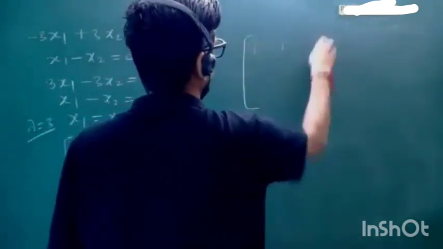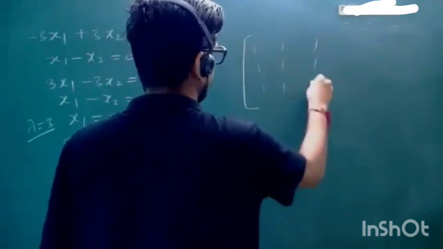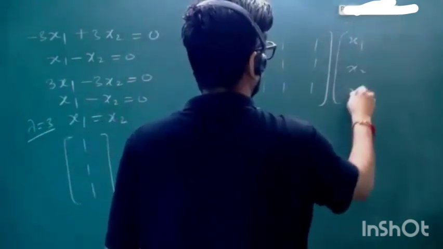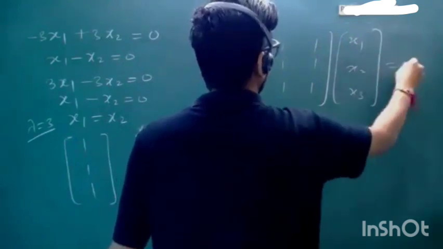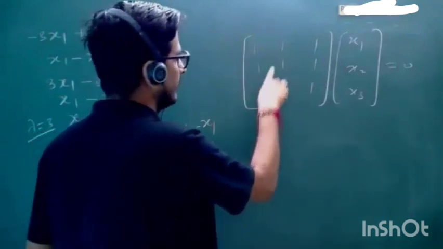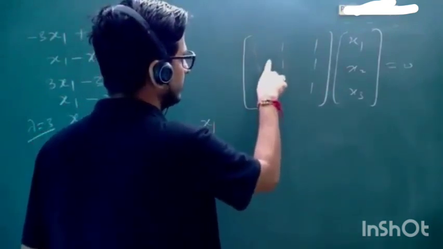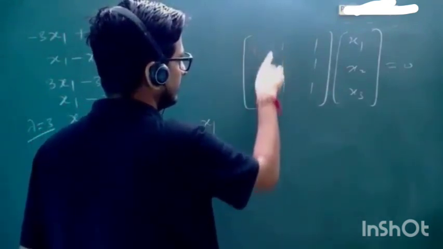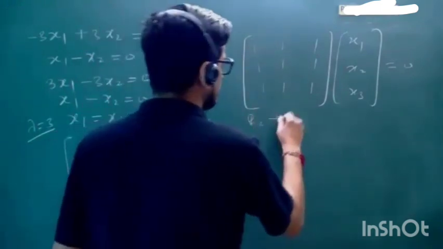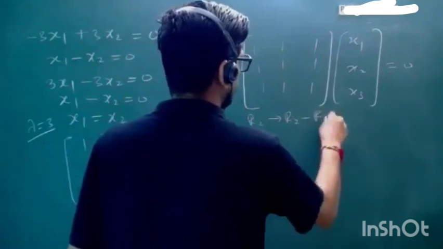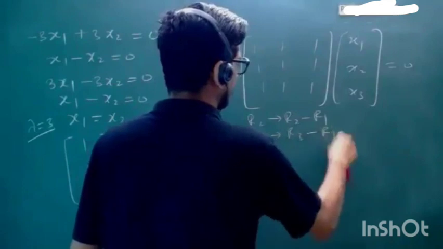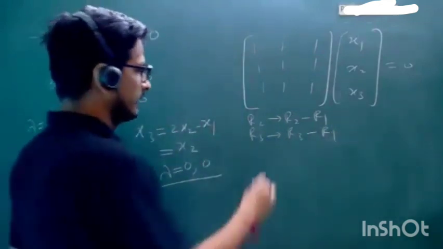It will be [1 1 1; 1 1 1; 1 1 1] into some x1, x2, x3, and this is equal to 0. Now by elementary transformation, suppose I subtract this from this and also this from this. That means I can change R2 to R2 minus R1 and R3 to R3 minus R1. Suppose I do that. So what will happen?